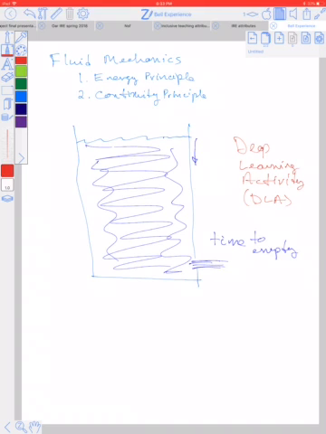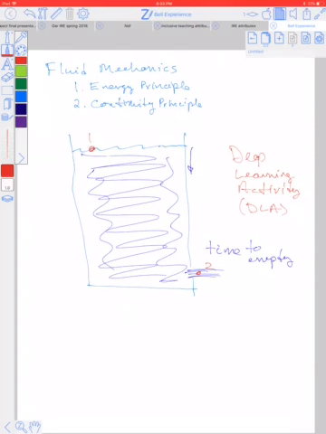The energy principle allows us to pick 2 points in a fluid. Let's call this point 1 and this point 2, and write an equation for the energy. Energy comes in 3 forms: the pressure, the height, where height is this dimension, and the velocity.